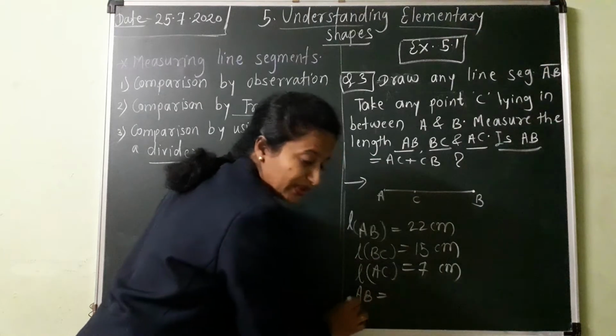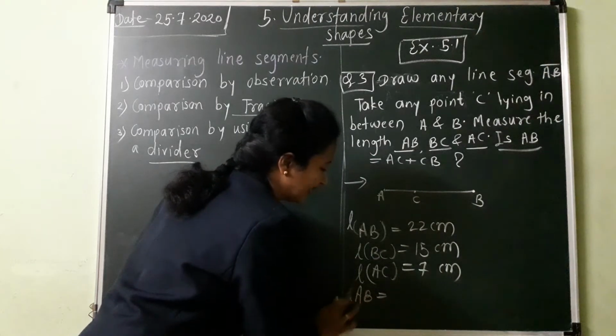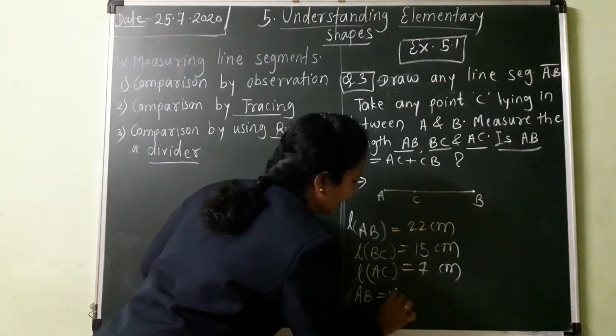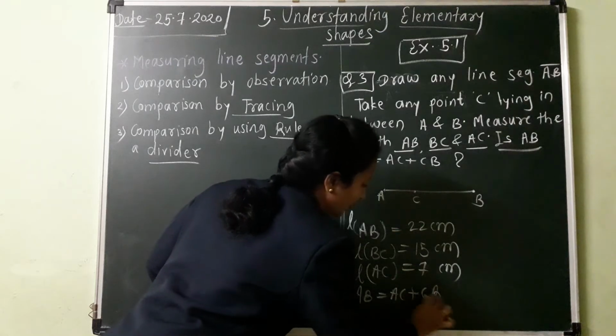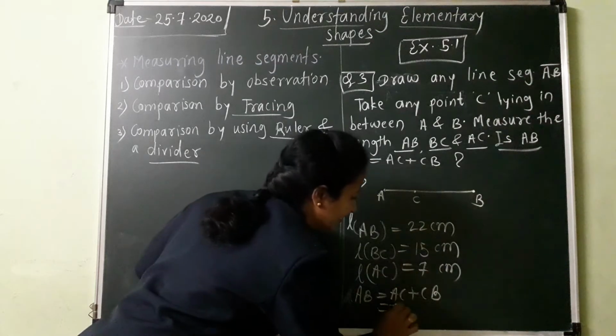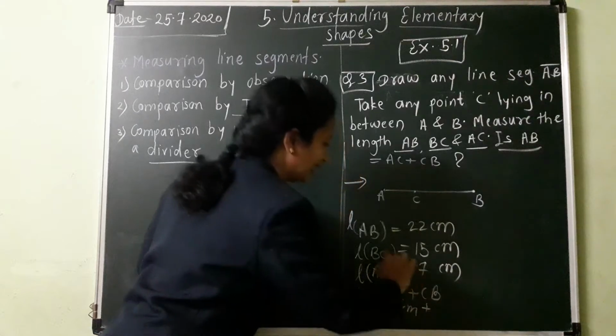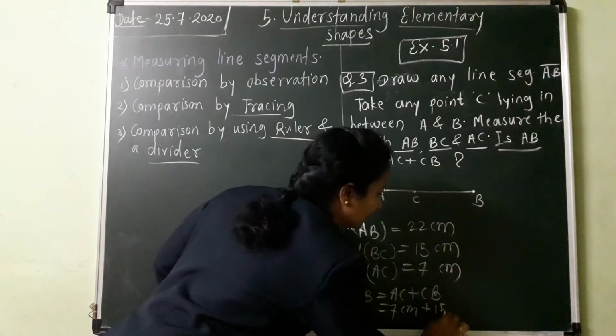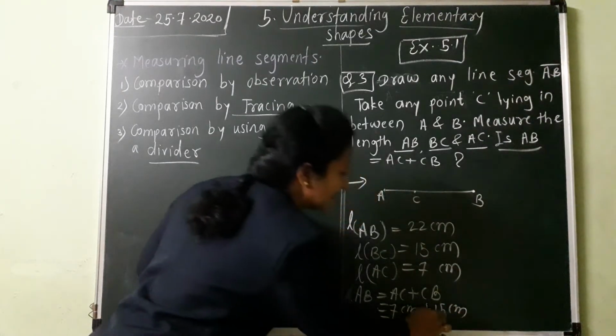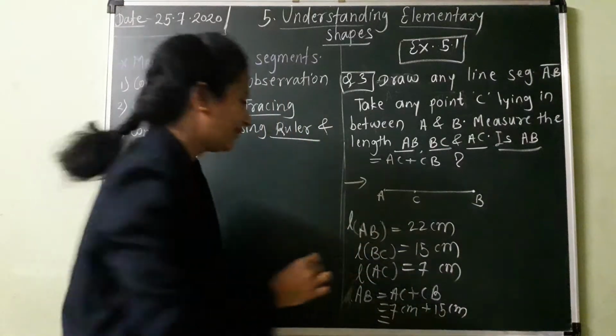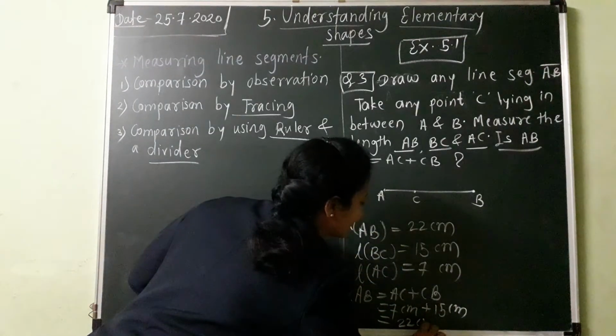What we have to check is AB is equal to AC plus CB. What is the length of AC? It is 7 centimeter. What is the length of CB? It is 15 centimeter. So 15 plus 7, what will be the answer? 22 centimeter.